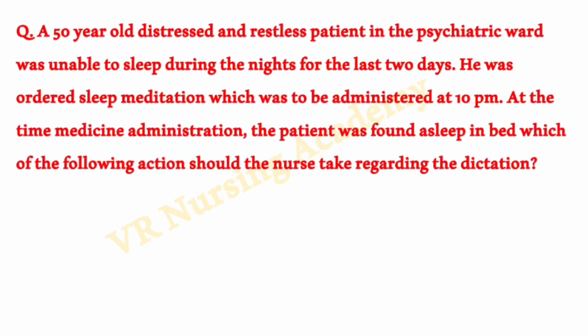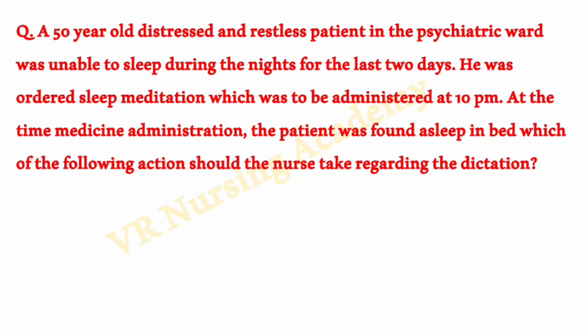Next question. A 50-year-old distressed and restless patient in the psychiatric ward was unable to sleep during the nights for the last 2 days. He was ordered sleep medication which was to be administered at 10 p.m. At the time of medicine administration, the patient was found asleep in bed.